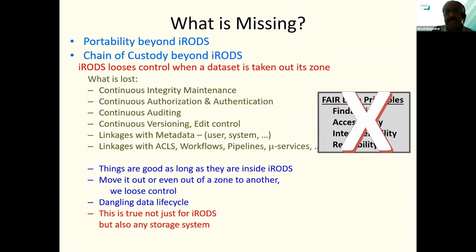You might say that this is true not just for iRODS. It is true for any file system nowadays. If you put something in S3, on your own laptop, or in GPFS and things like that, once you take it out, they don't keep track of things. It is a bane not just of iRODS, but of a lot of other systems where the chain of custody is completely lost.